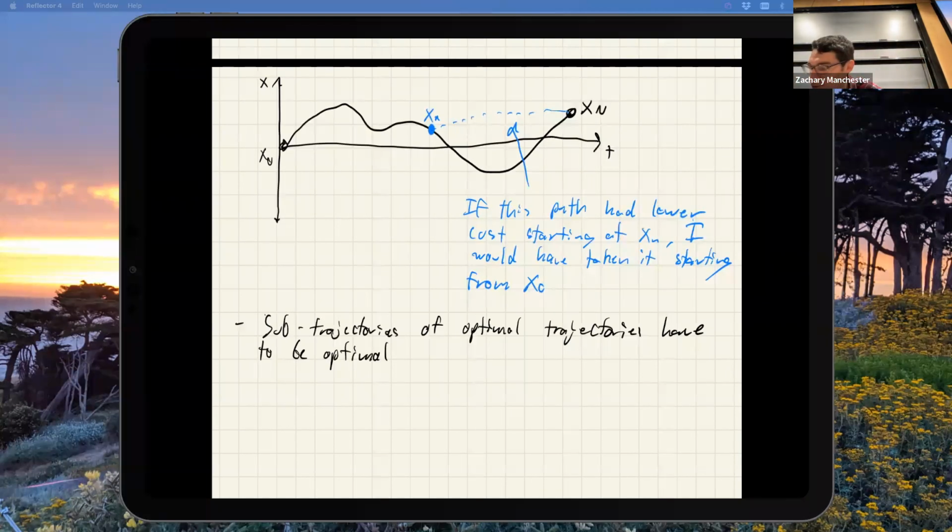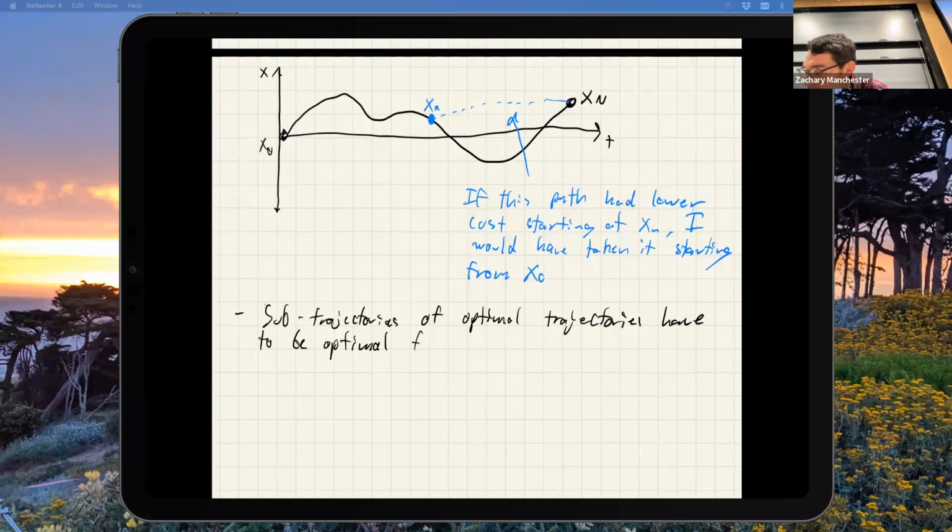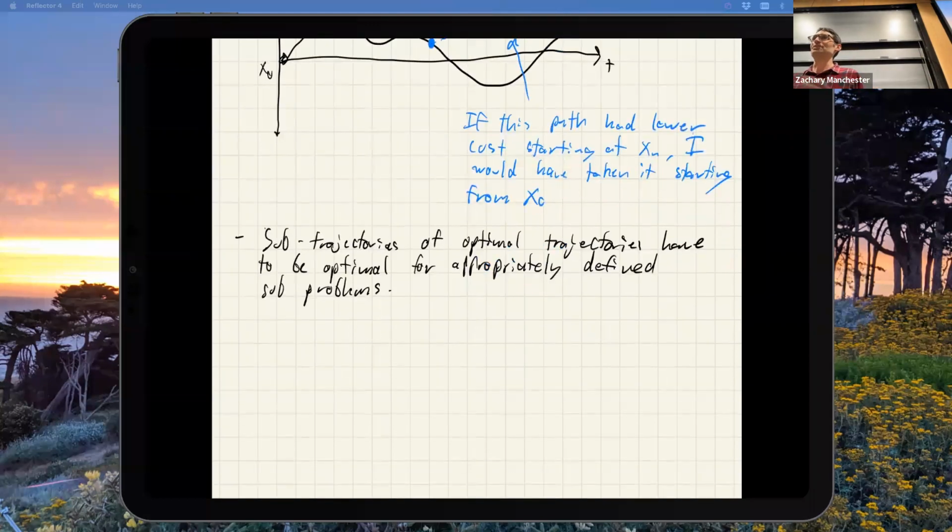For a smaller version of the problem. Okay, any questions about that? I feel like this is fairly straightforward, fairly intuitive.